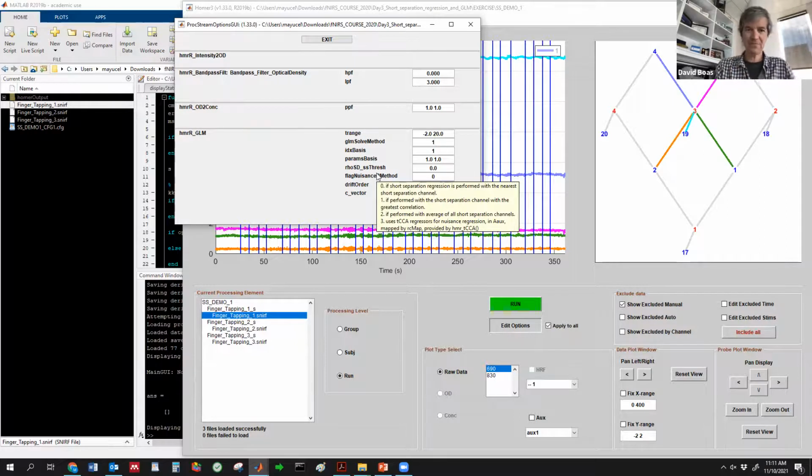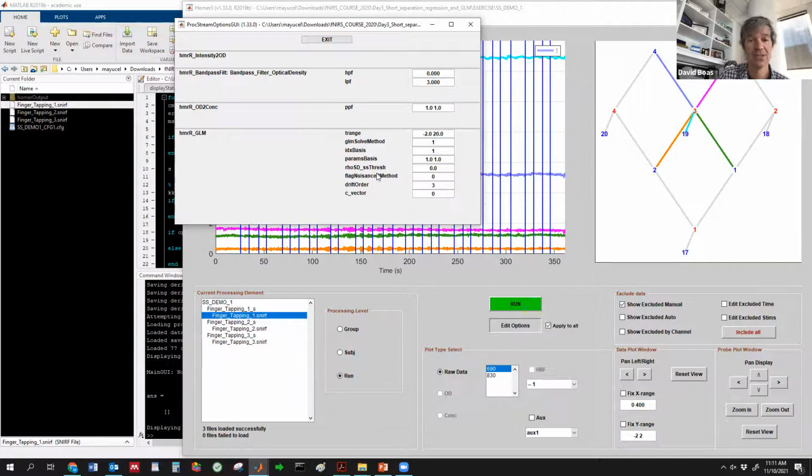We don't like to use 0 because sometimes that nearest channel can be noisy. So we like to use 1, which is to use the short separation channel that is most highly correlated with the long separation channel. Another idea is to use 2, which is to take the average of all short separation channels.